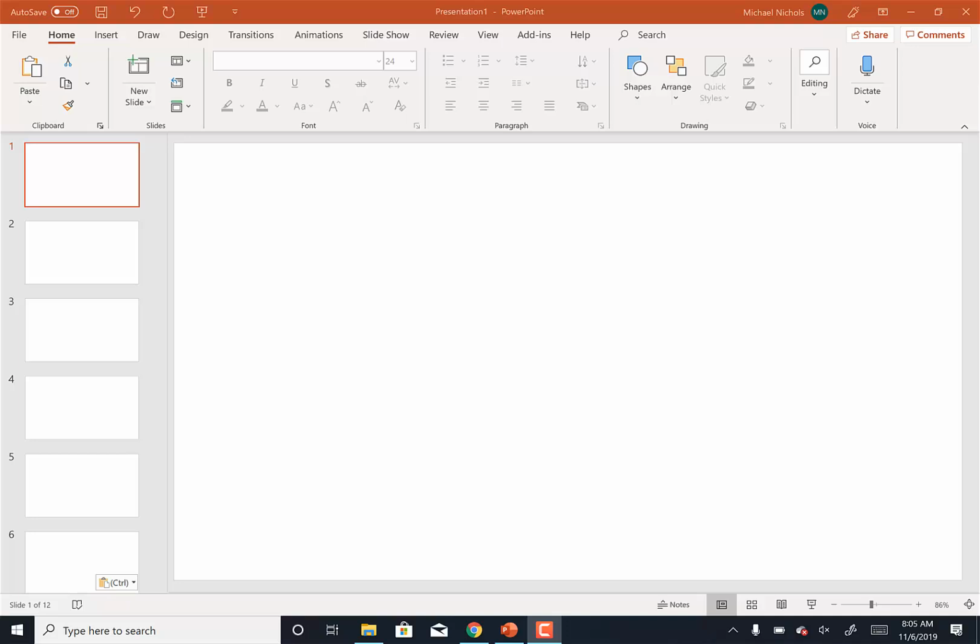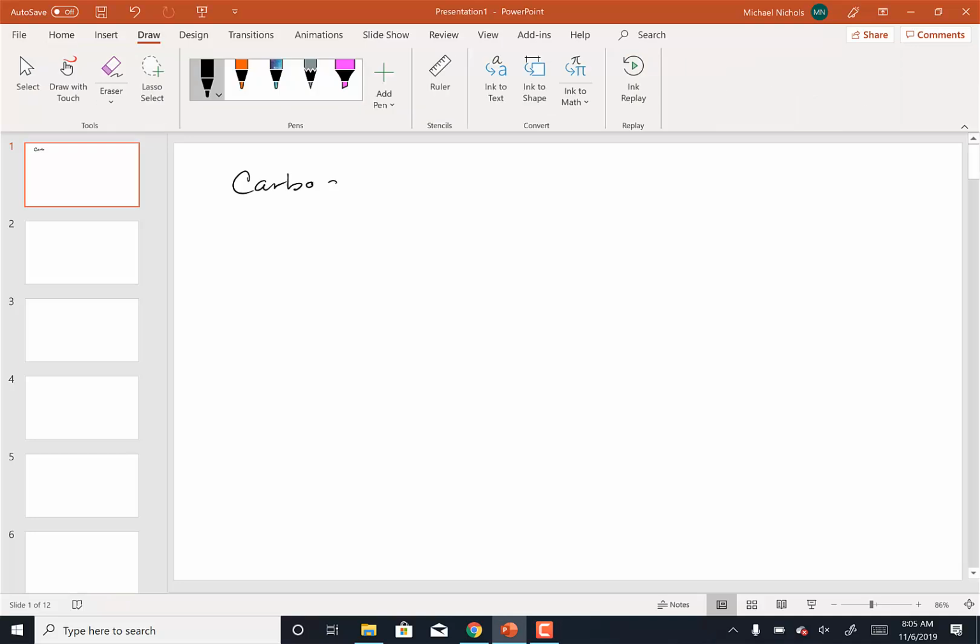So rearrangements, these are called carbocation rearrangements, or they're also called either hydride or methyl shifts.